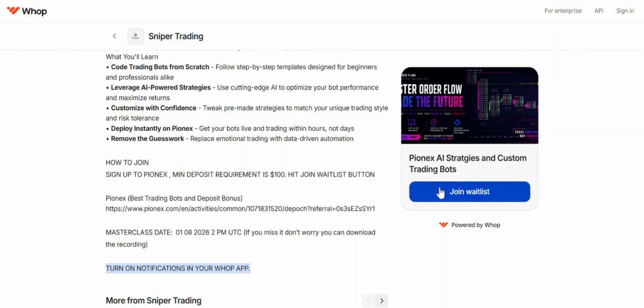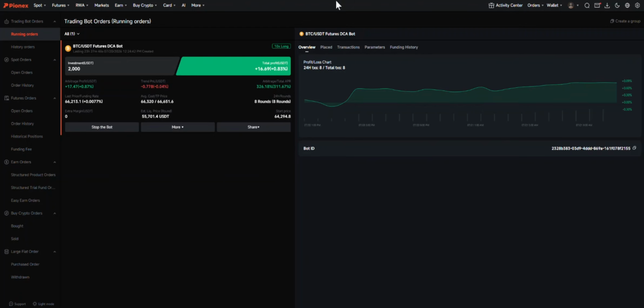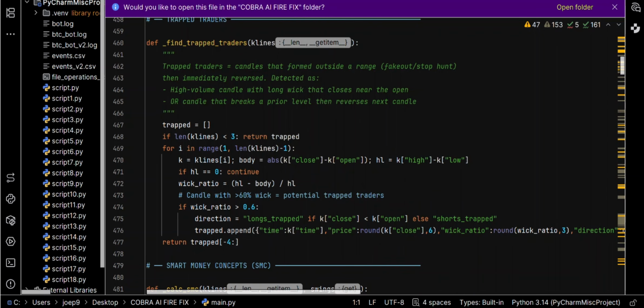Okay, so we want trading bots, multiple trading bots that are going to earn a lot more, like you see on the screen. And one way we can do this is through Python coding. You have a trap trader strategy, various different strategies we can apply.